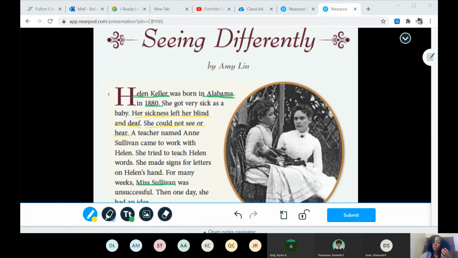Denise, make sure you're paying attention. You never know where I'm going to call on you. What were some of the actions of Miss Sullivan? So make sure you look back at our writing. What were some of the actions of Miss Sullivan? Go ahead, unmute. What do I need to underline for the middle?